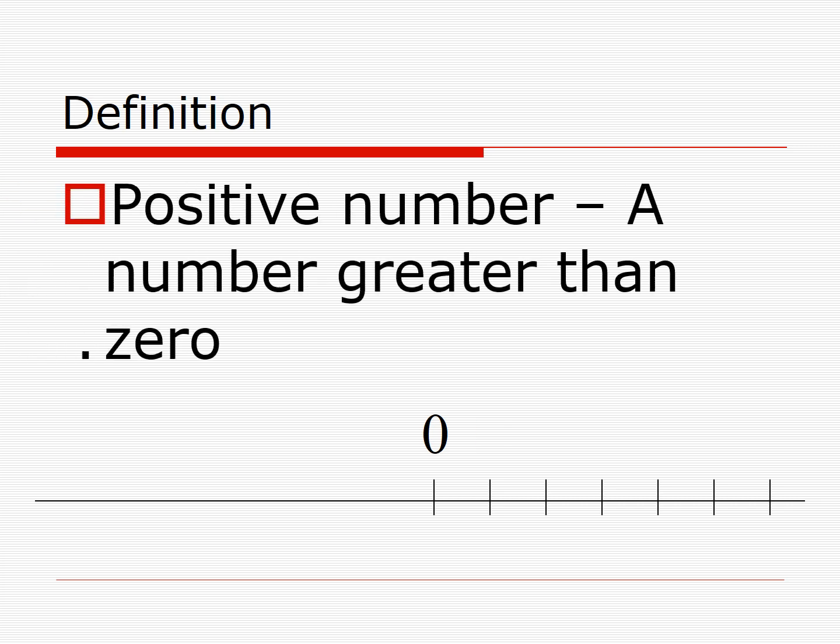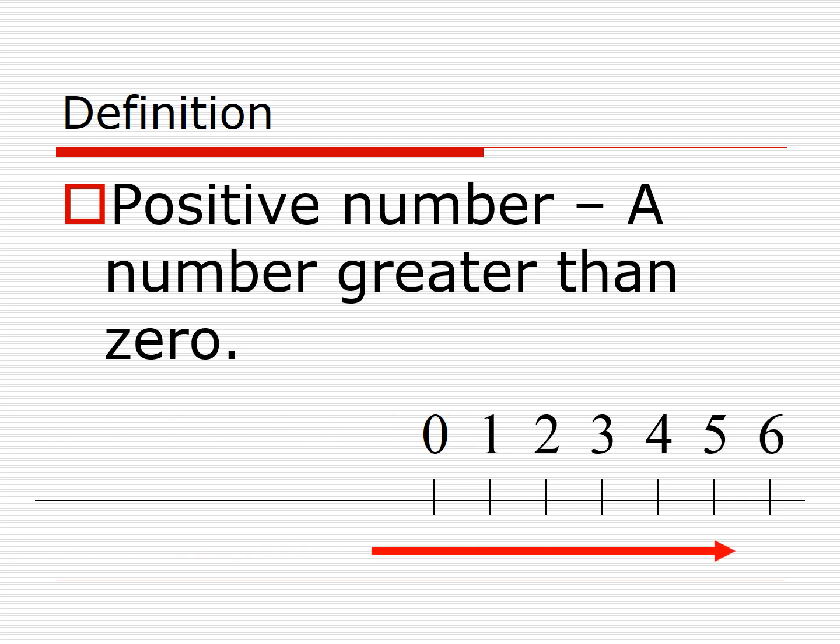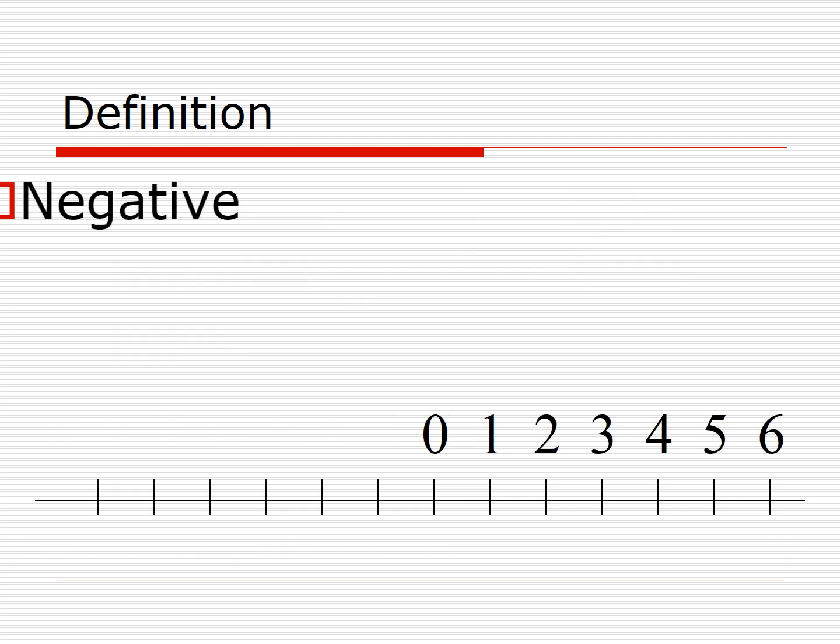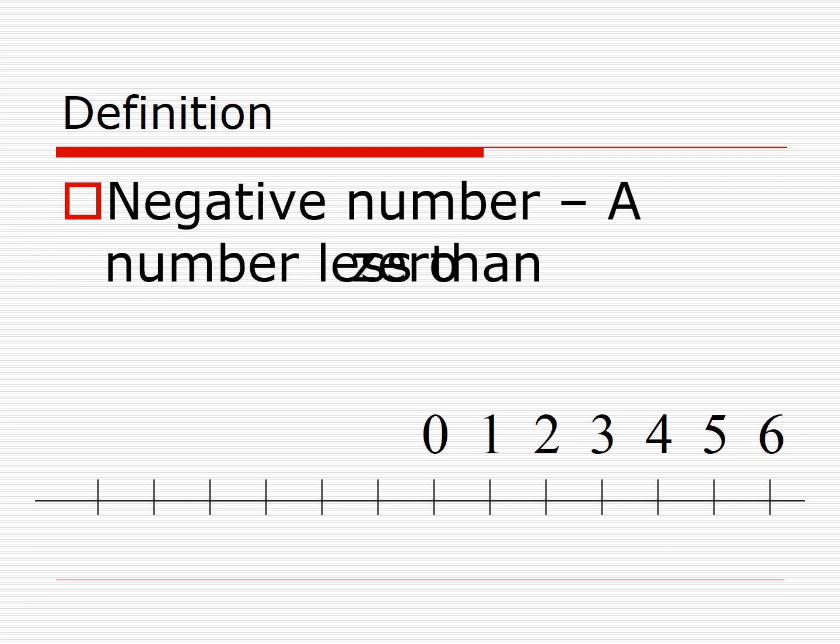So what is a positive number? We all know that a number greater than 0 is a positive number, like 1, 2, 3, 4. These are all positive numbers. Negative numbers: a number less than 0 is a negative number.